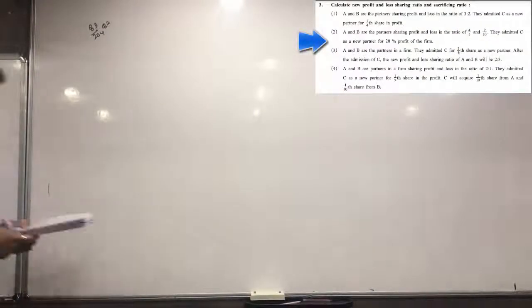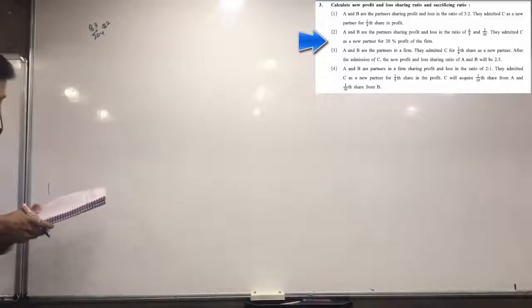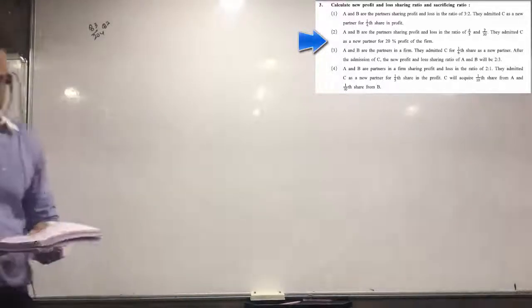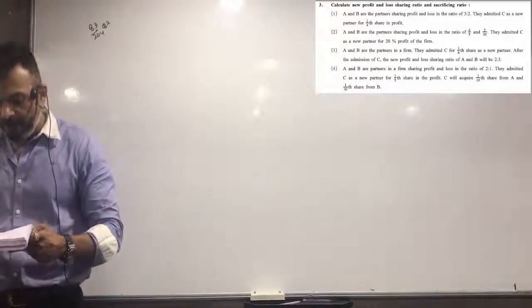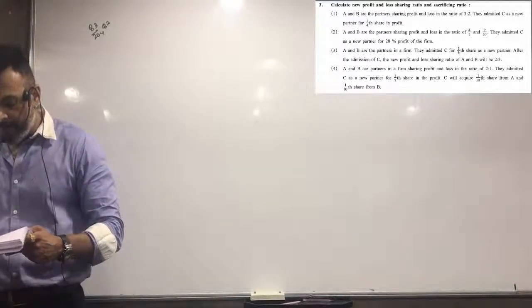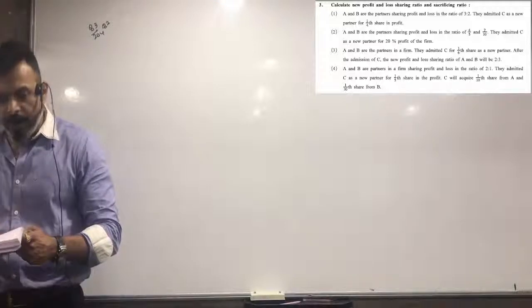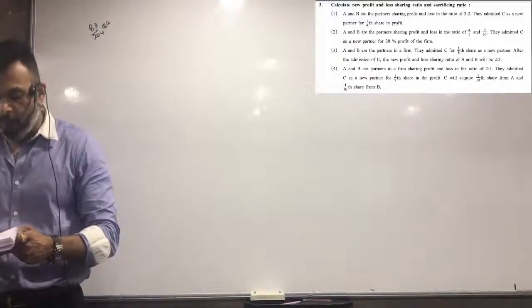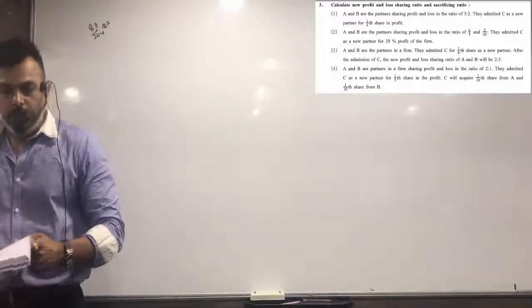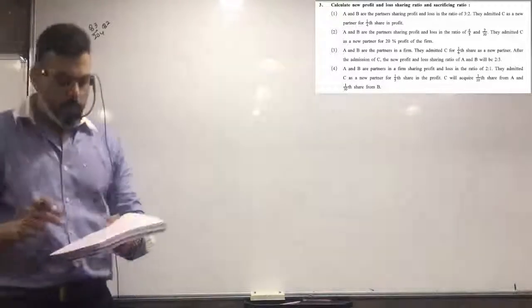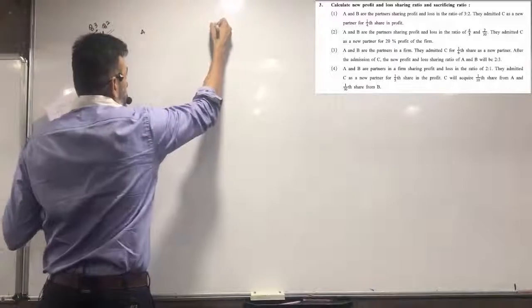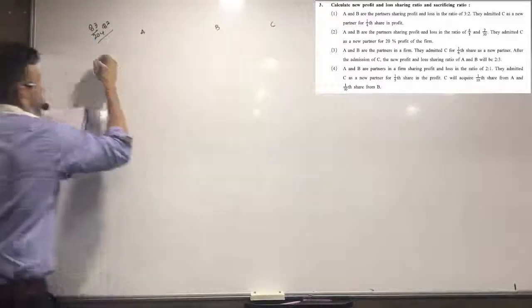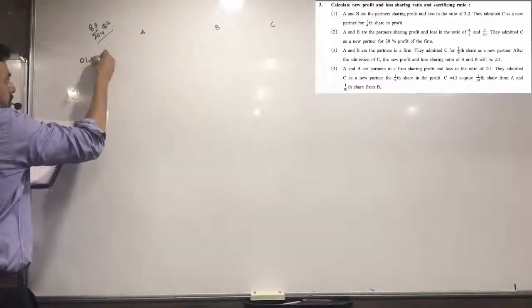Question number 2. A and B are partners sharing profit loss in the ratio of 4/5 and 2/10. They admitted C as a new partner for 20% profit of the firm. Now please ध्यान देना. Now again we write A, B and C. Old ratio.